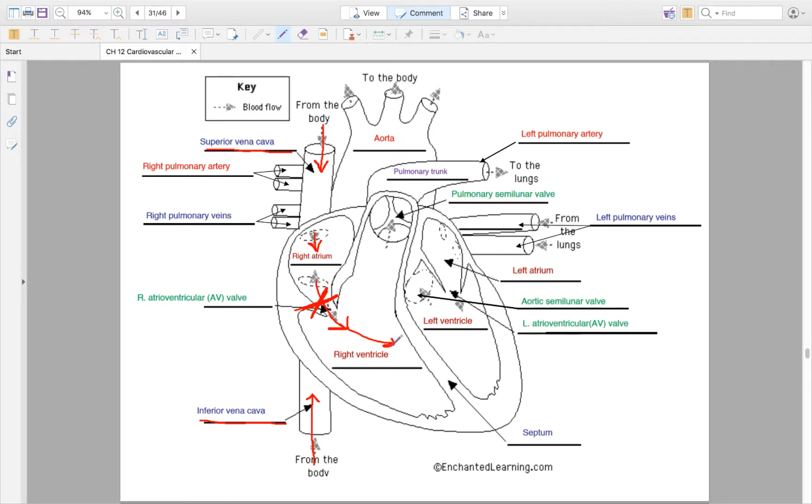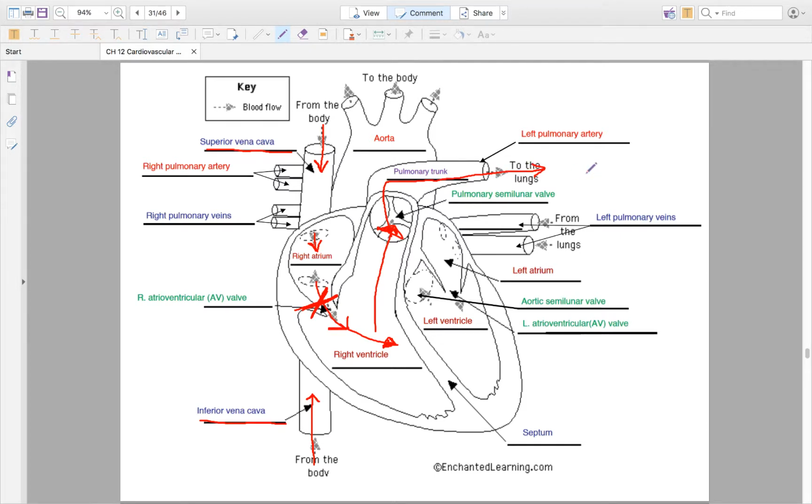Once blood has moved into the right ventricle, it will eventually contract, and it's going to push open and move through the pulmonary semilunar valve, which is here. And from that point, it's going to move through our pulmonary trunk to the lungs.